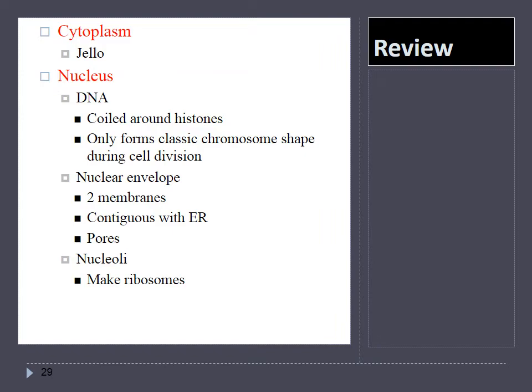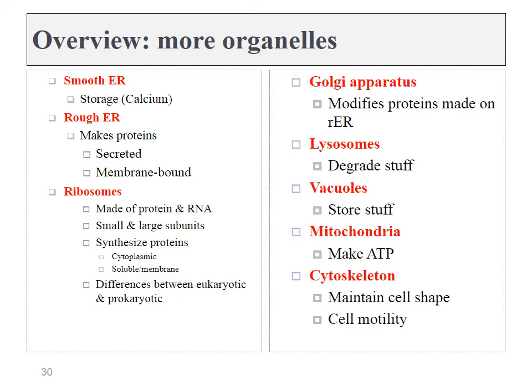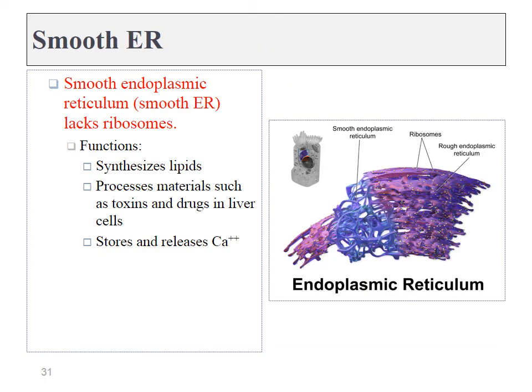So that's the cytoplasm and the nucleus. Next up, we've got a bunch of organelles to cover. The smooth endoplasmic reticulum is a series of interconnected tubes within the cytoplasm. These tubes can synthesize different lipids, they can detoxify certain toxins or poisons, and it can also store calcium.